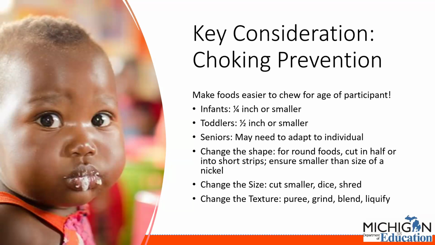A lot of foods are adaptable, especially now that a lot of people are transitioning away from baby food and into table foods right away for infants. Keep this in mind on the forefront when you are starting to introduce foods to infants and toddlers. And of course, for older adults that have issues as well, perhaps chewing.